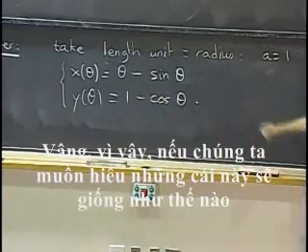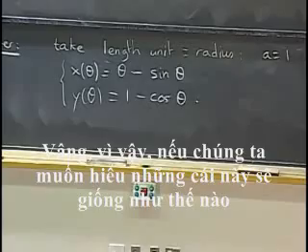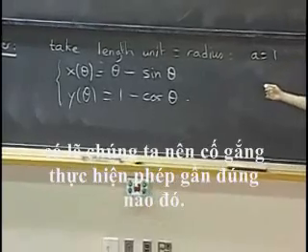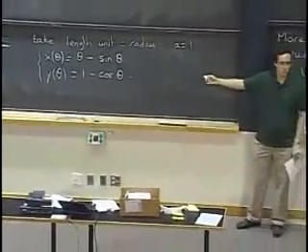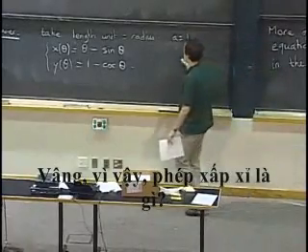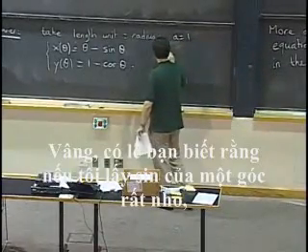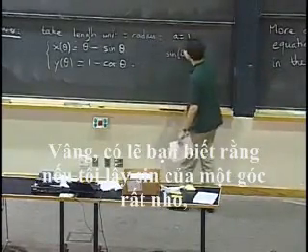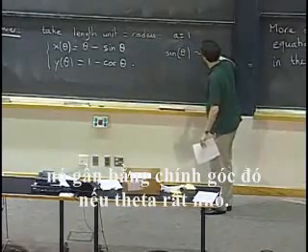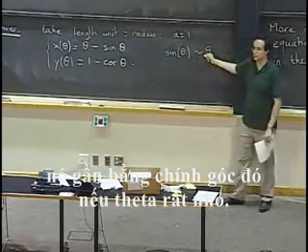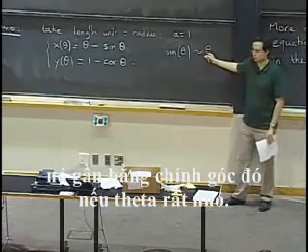If we want to understand what these things look like, maybe we should try to take some approximation. So what about approximations? Probably you know that if I take the sine of a very small angle, it's close to the angle itself, if theta is very small.